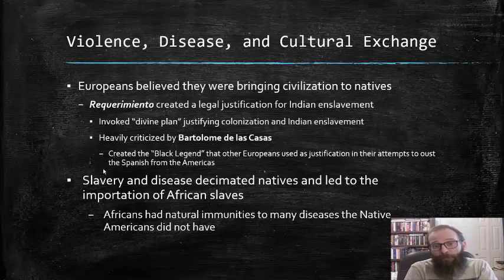So as a result of that, the Europeans, particularly the Spanish at this time, sought other means to supply that labor that they needed. Now, the Africans had natural immunities to many of the diseases that the Native Americans did not have, and thus they survived longer than those Native American slaves and became the basis for slavery in the New World.